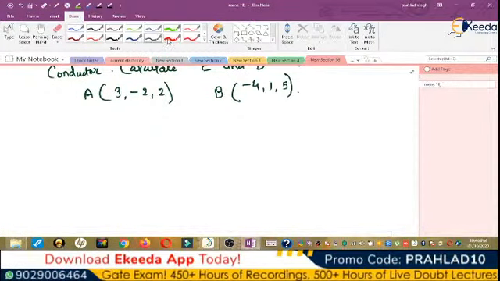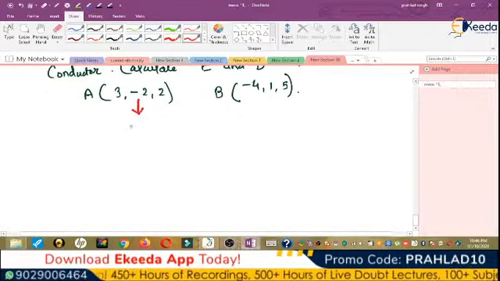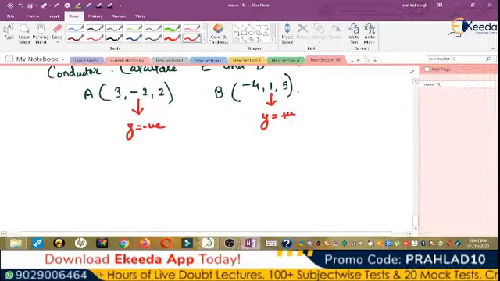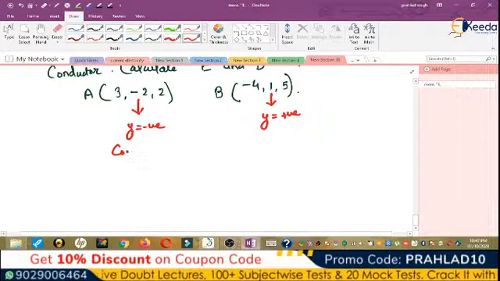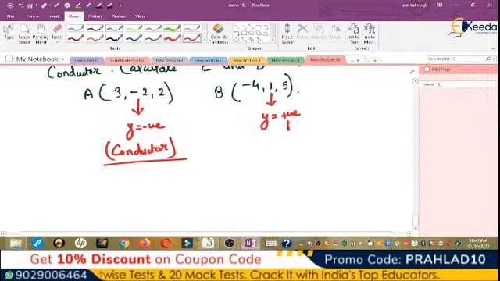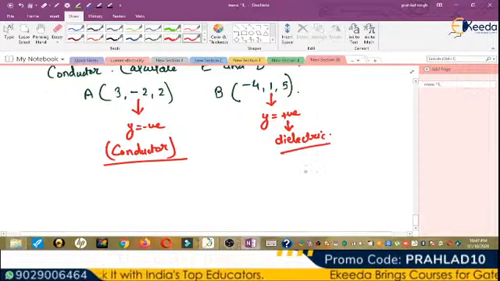So the first point has negative y. Here y is negative and here y is positive. So this point is inside the conductor and this point is in dielectric.